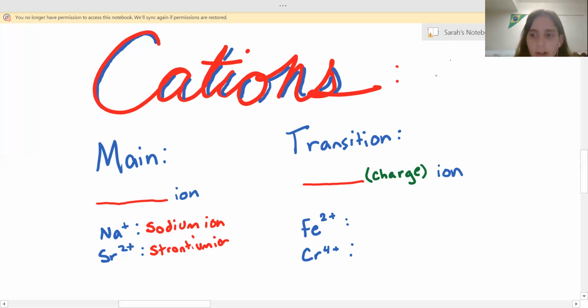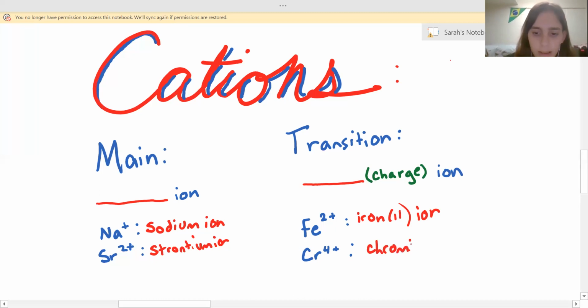Speaking of iron, our first example is an iron with a 2+ charge, and so we'll call it iron 2 ion. Next, we have another transition cation, chromium, with a 4+ charge. That'll be chromium 4 ion.